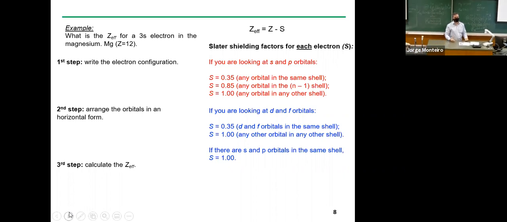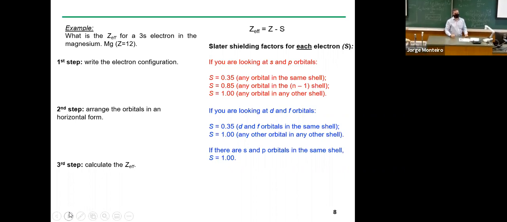Are those numbers experimental or mathematical? That's completely mathematical. Okay? So you can compare things with the Z effective. So it's not an absolute kind of thing. It just makes sense to compare numbers.